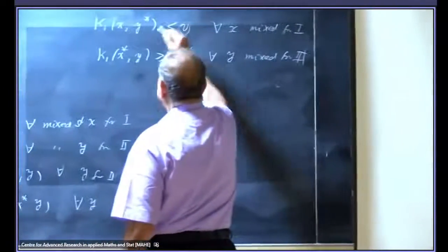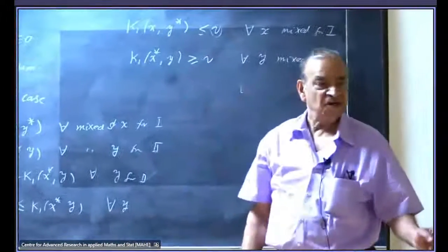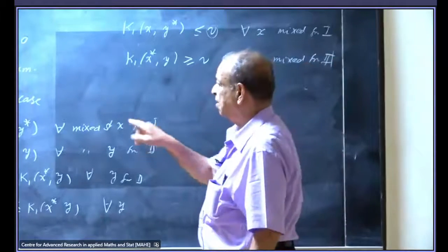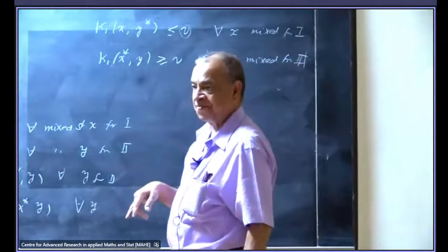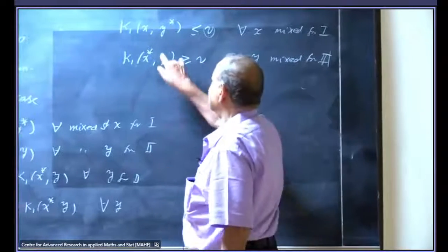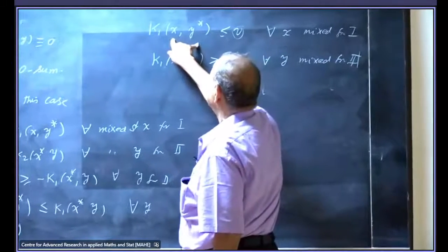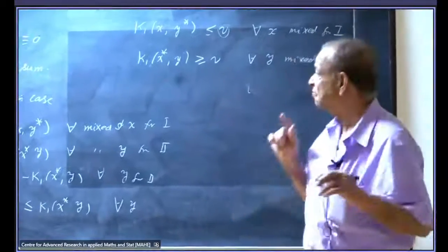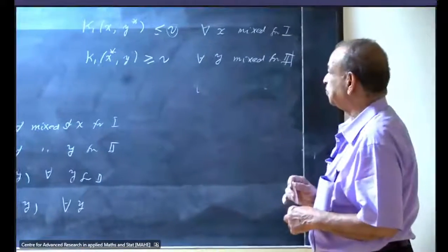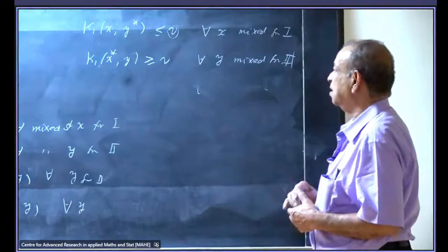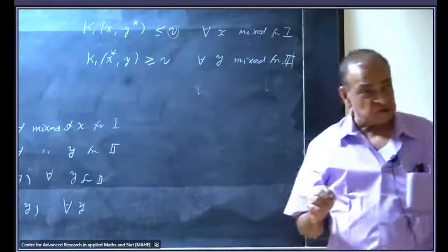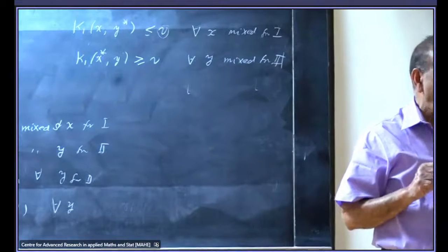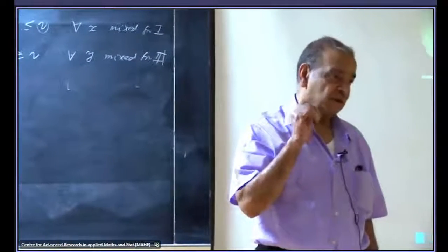There is a constant V such that, whatever be the equilibrium point, this one says the following. The first one says, if player 2 chooses Y star, he doesn't have to even worry about what player 1 does.